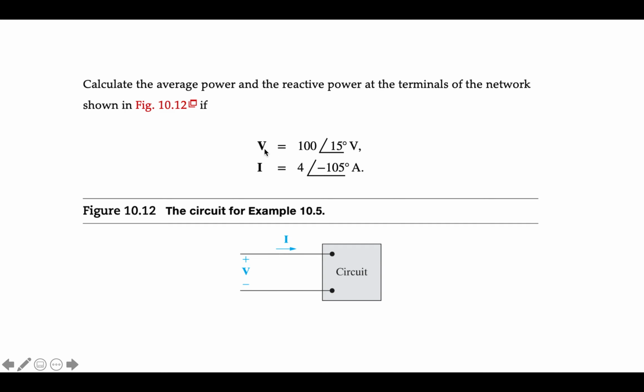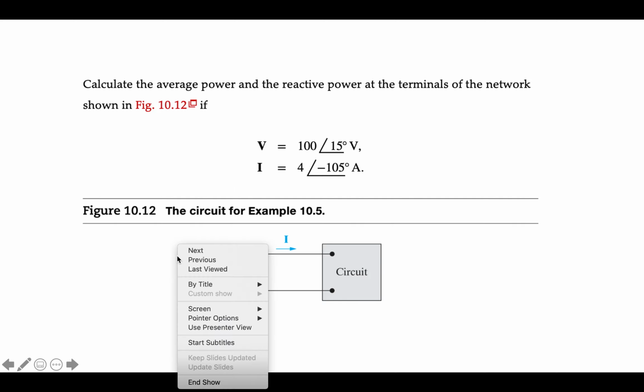We would just use the previous formulas, where we would take 1/2 V I star. So we would take 1/2 of 100 times 4, and then the angle would be 15 degrees. I star is plus 105, so the angle is theta I minus theta V. We should come up with exactly the same result that we had in the previous expression.